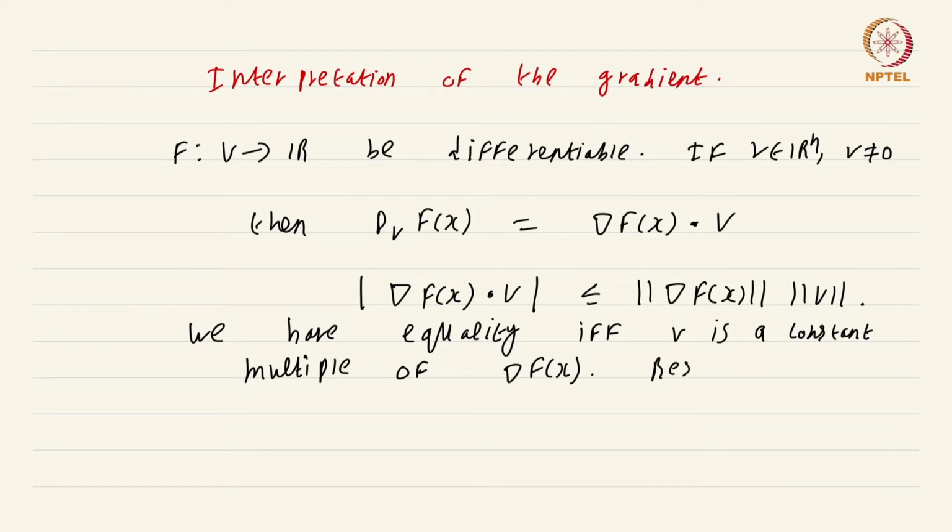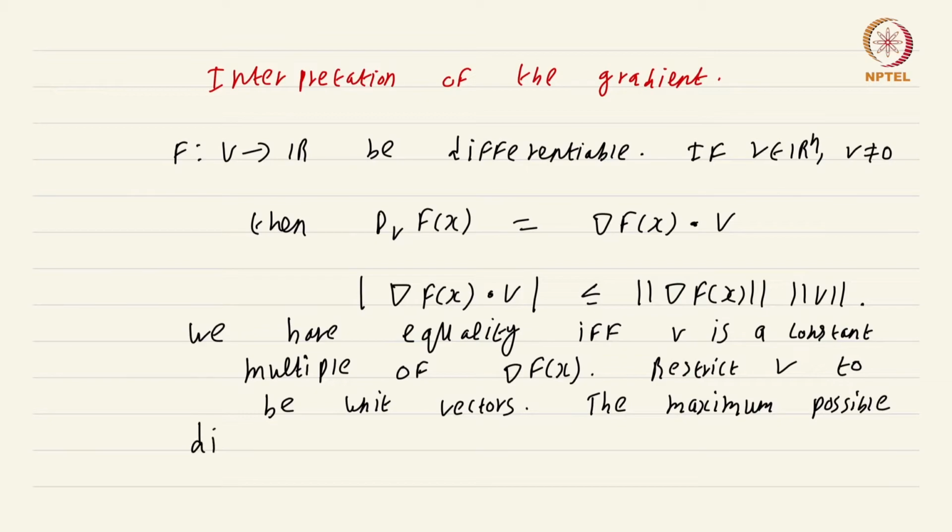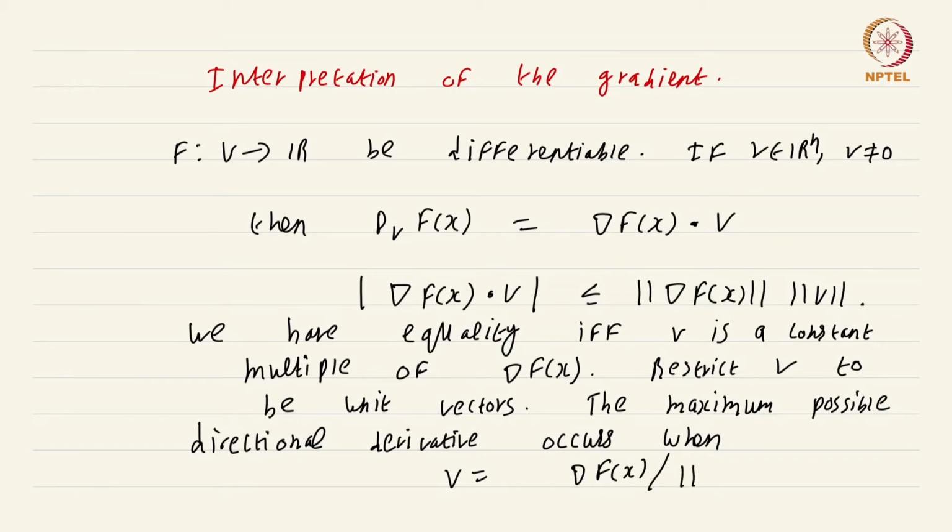Now restrict v to be unit vectors. Once you restrict v to be unit vectors, it is clear that the maximum possible directional derivative occurs when v is nothing but the gradient of f at x divided by the norm of the gradient.